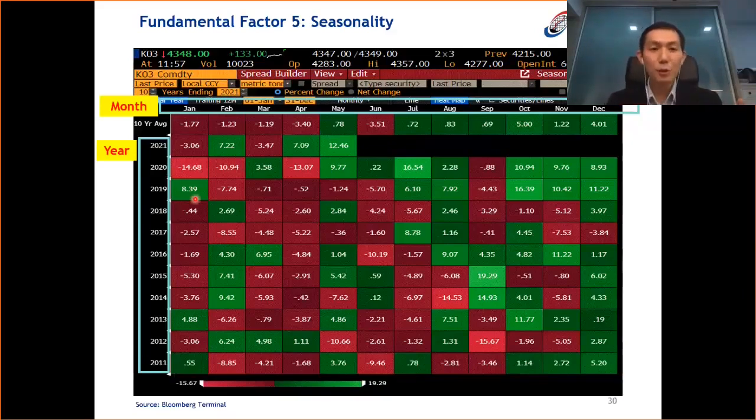And the same thing goes for, let's say, December. This is every year's December from 2012 up till 2021. Here we can see that only 1 month is red and the rest are green, an up month.